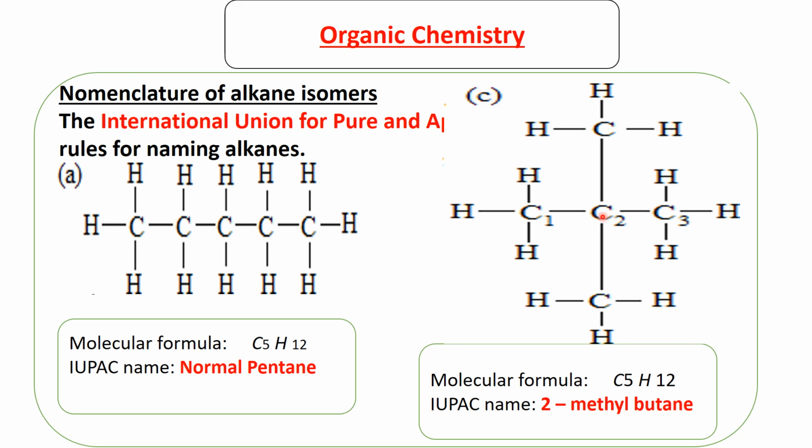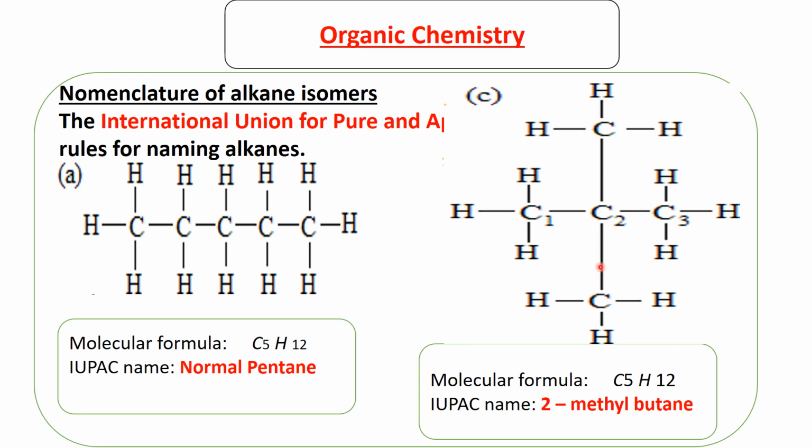Since this is the longest chain, it has 3, so the prefix for the main name is going to be prop. So it's going to be propane. Now, on the left-hand side of the name, we put these methyls. How do we show that there are 2 methyls?